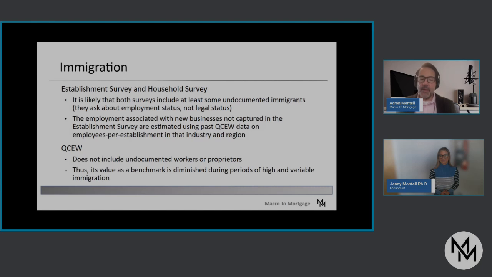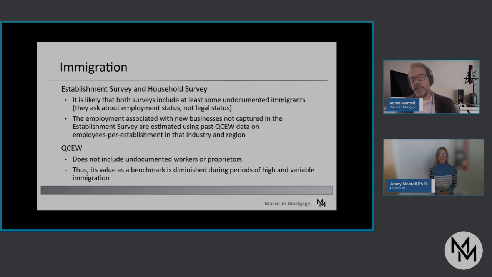So we'll make the assumption that this new delivery business employs 5 people. And conversely, if we see that a delivery business has ceased to function, has gone out of business, they'll say the same thing. On average, a delivery business employs 5 people, so we'll say that 5 people are no longer employed because this delivery business is now out of business. Is that accurate? That's it. Okay, just like that.